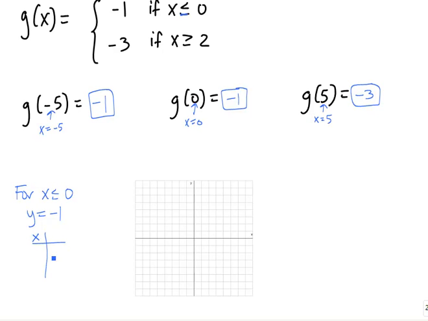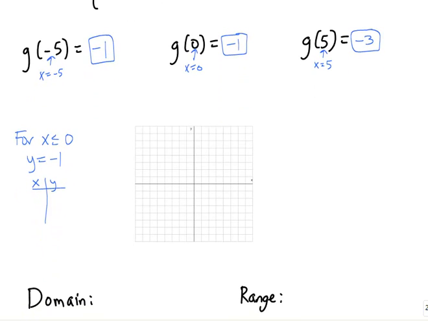I'm going to make my tables again just to show you the importance of picking the right x values here. Remember that this domain was x is less than or equal to 0, so we definitely want to see what happens right at 0. So make sure you use x equals 0 in your table. We also want x is less than 0, so make sure that for your second x, you're picking something smaller than 0, something negative, like negative 1.